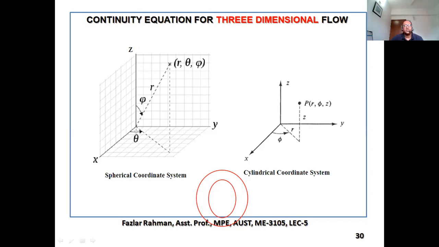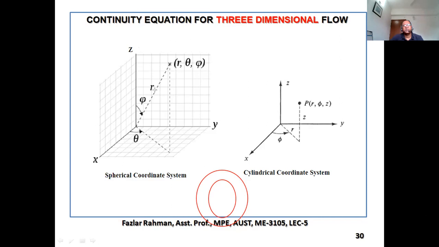I think this is a math class, but still I put it. In spherical coordinates, it will be r, theta, phi. What is r? The radius. Also theta varies in the bottom x and y plane, and phi is the angle from the vertical axis. So around the sphere, r, theta, phi will vary.